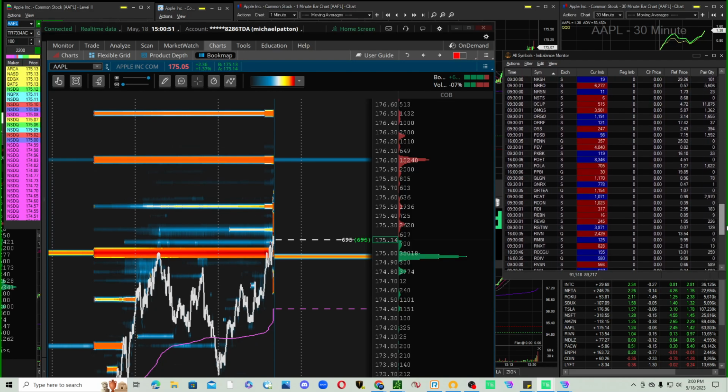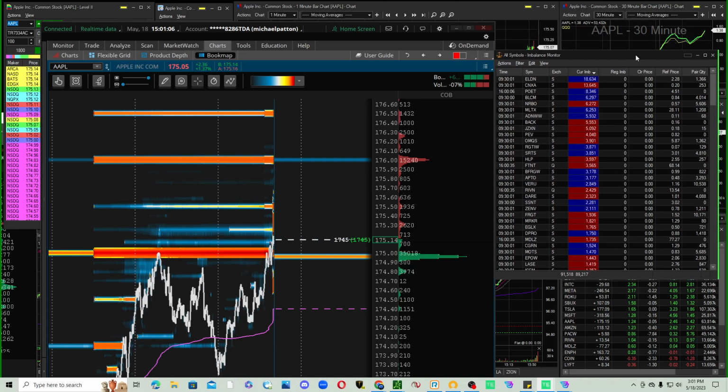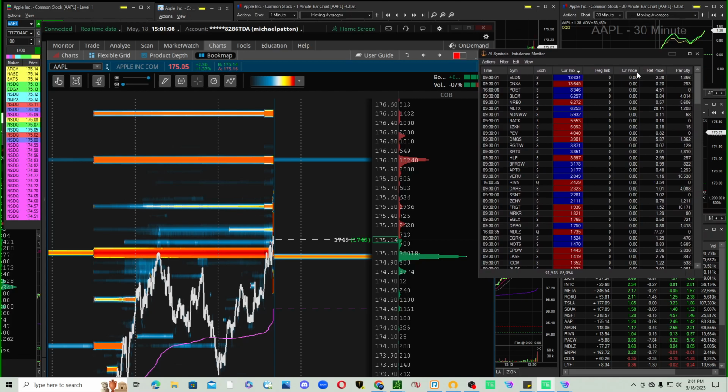So I guess they matched it. I guess that means it was matched. I don't even see Apple anymore on the list, so I guess they matched the entire imbalance. So the largest imbalance that was left over looks like it's ELDN, which is a no-name stock. So the big stocks usually they don't have imbalances that last forever. There's always a buyer or a seller for Apple.